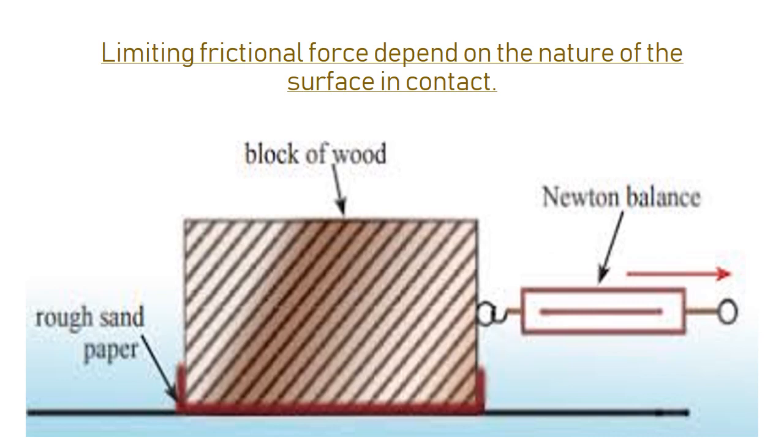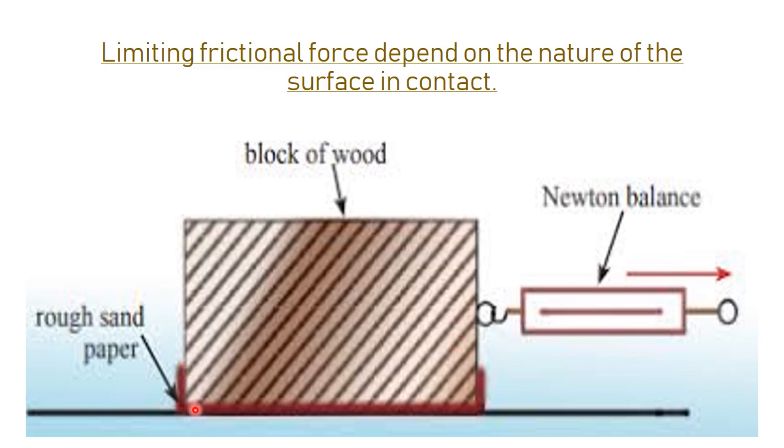Okay, this is the experiment to prove that the limiting frictional force depends on the surface in contact. Okay, what are the steps? You can see this is the object, a block of wood, and this is a Newton balance connected to this object.